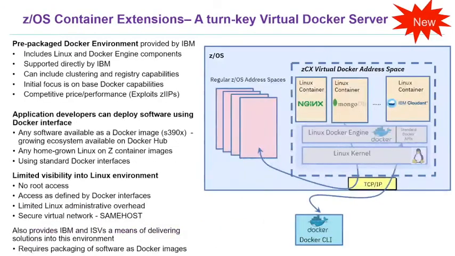Now let's see how that looks in a little more detail. Basically, the z/OS address spaces, the regular address spaces on the left side, are enhanced with a special address space, which is the zCX address space. Here you see, presented a little fuzzy, a Linux kernel and a Docker engine that you don't really see. It is a masked environment, so basically it's hidden. You can work with that environment through the Docker command line interface.